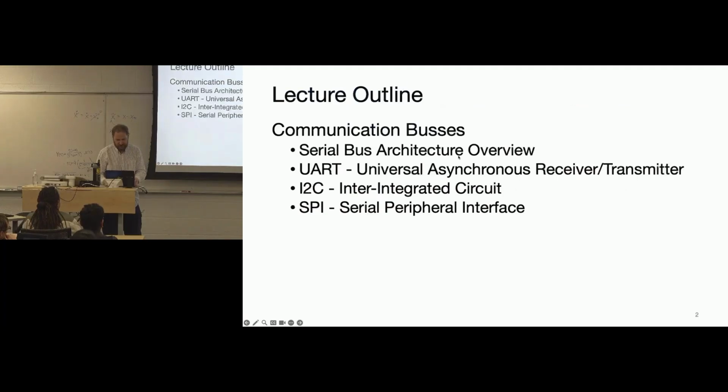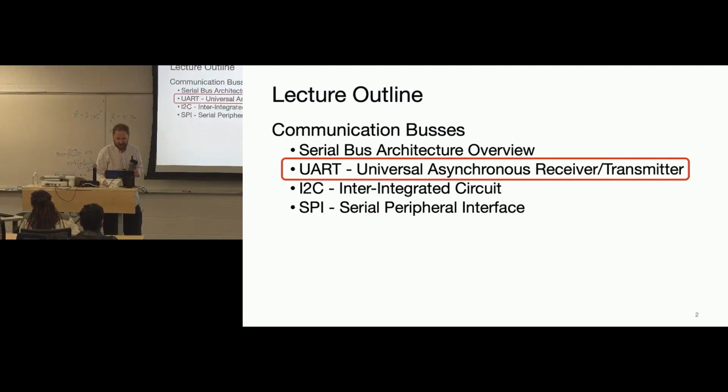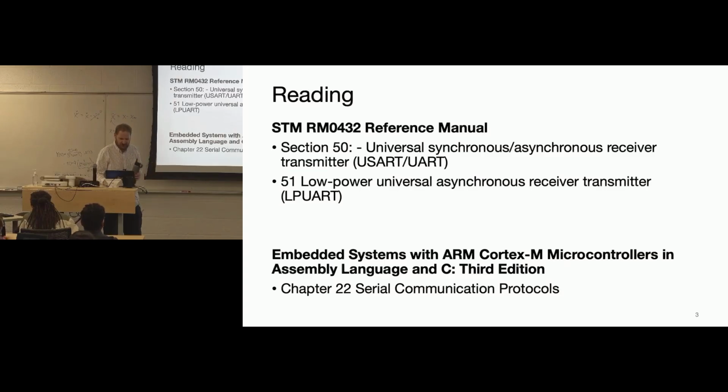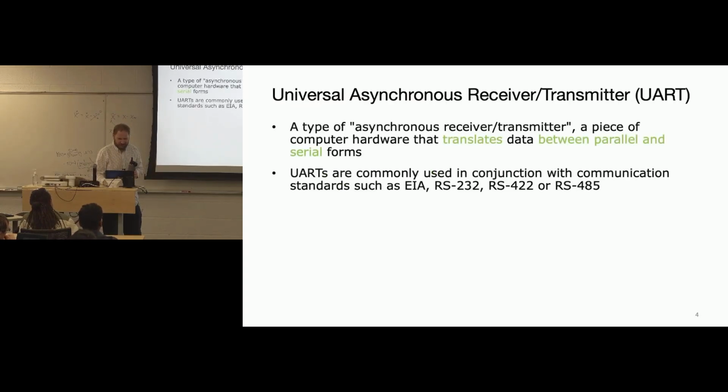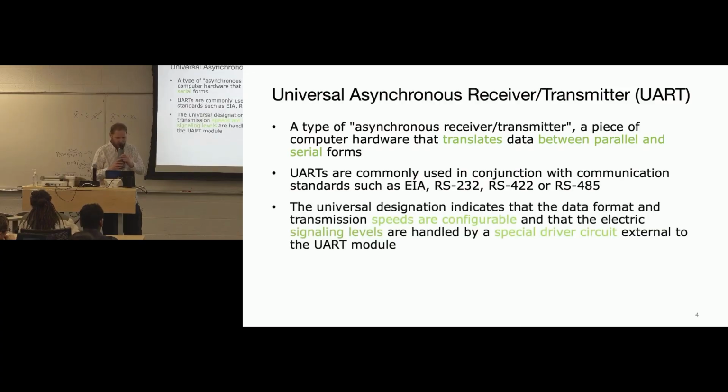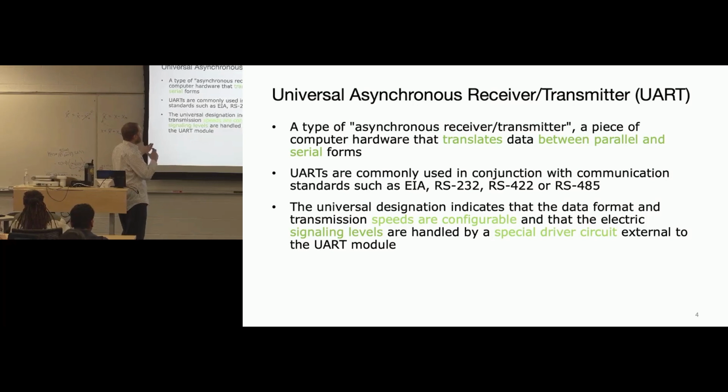All right, let's talk about the universal asynchronous receiver transmitter. Again, those are the readings in the book if you get excited. The UART is a general class of controllers that switch between parallel and serial forms.